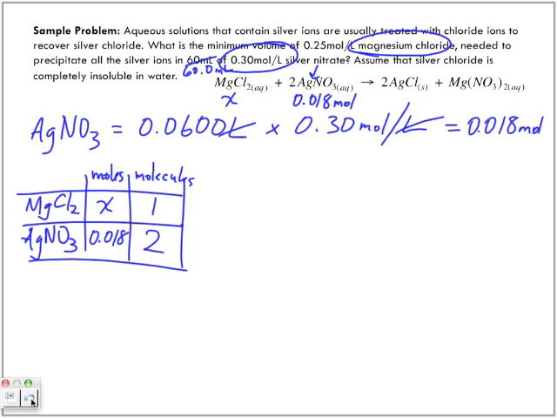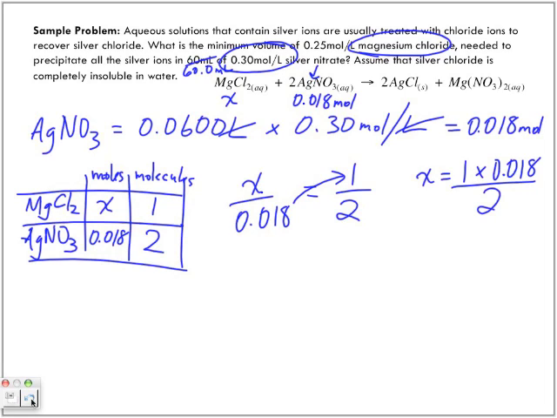So x over 0.018 equals 1 over 2. We bring the 0.018 over, and x is equal to 1 times 0.018 divided by 2, which gives us the number of moles of magnesium chloride: 0.0090 moles.